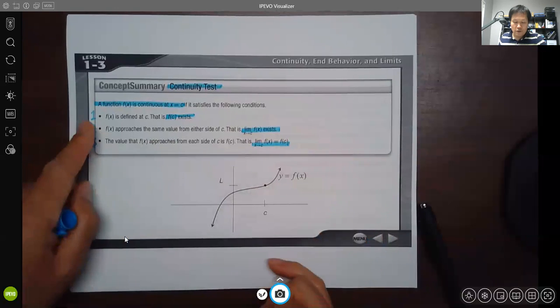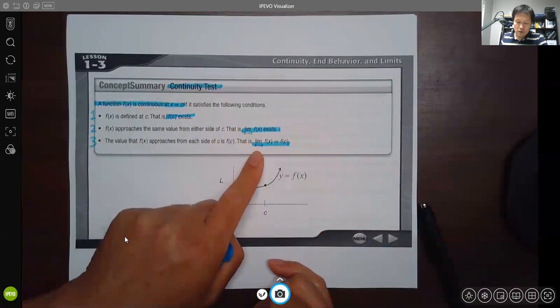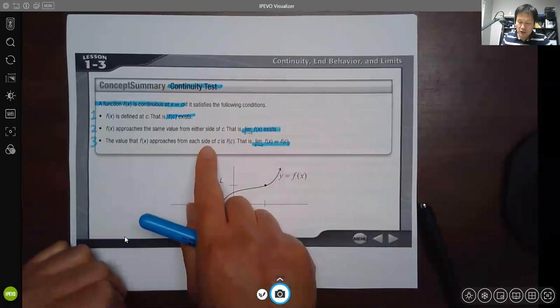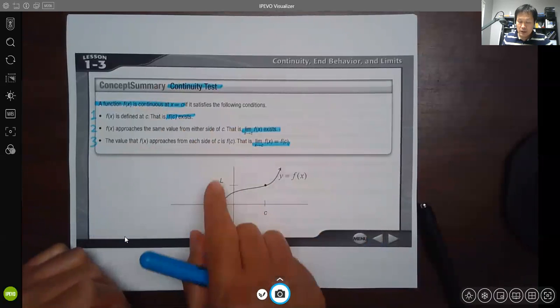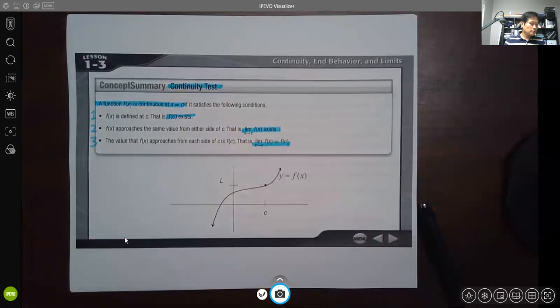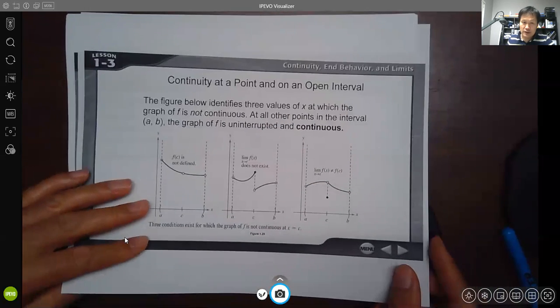So the result from number 1 and the result from number 2 are equal to each other. So the value that f of x approaches from each side of c is f of c. So limit value and function value are equal to each other. It's called the continuity test.